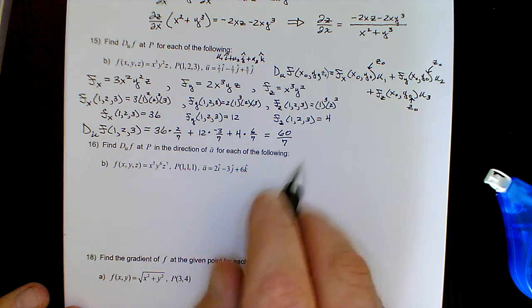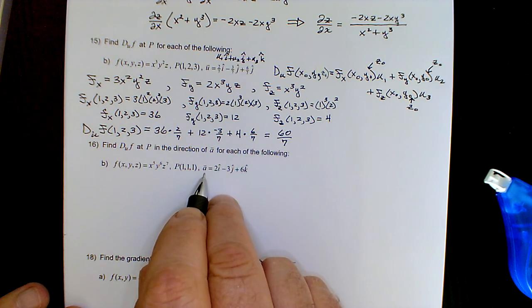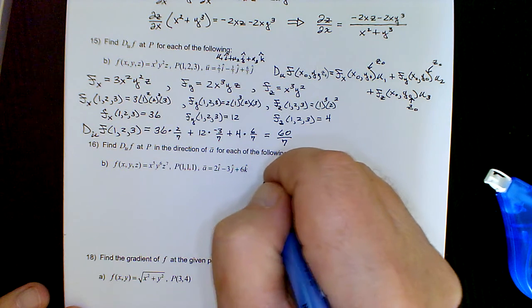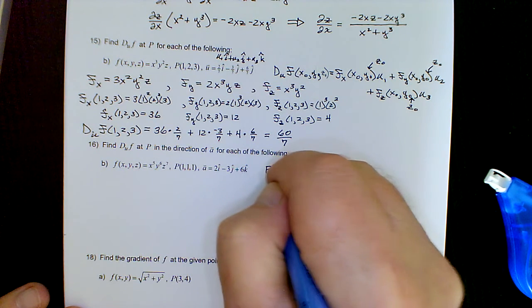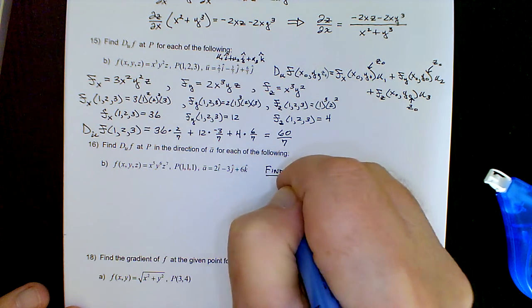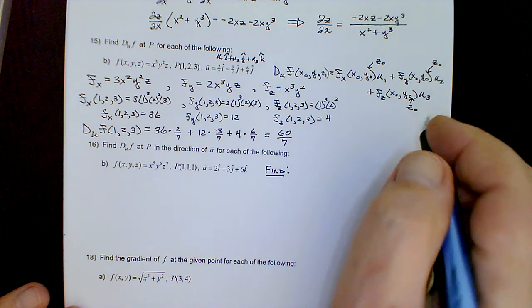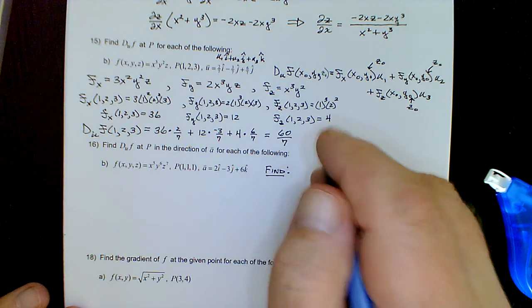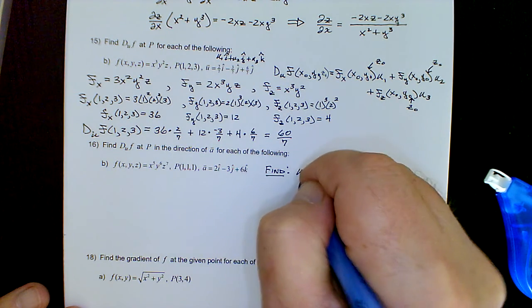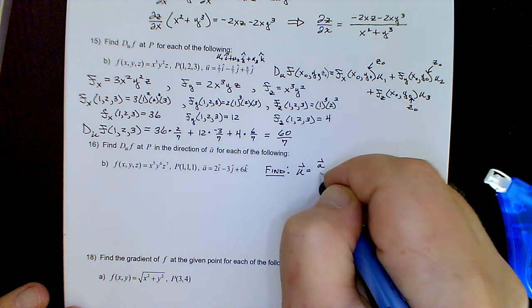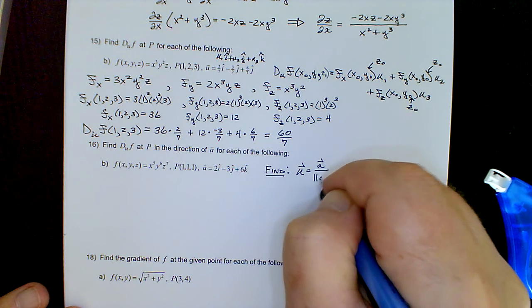We're given a vector A that is not a unit vector. So first, find the unit vector. Make sure you realize in the formula, u1, u2, and u3 are the components of the unit vector, so you have to find that first. The unit vector is just going to be the vector A divided by its magnitude.